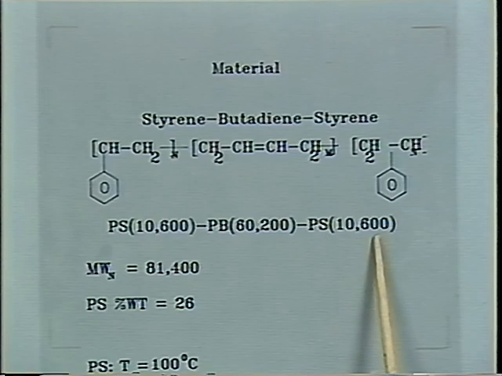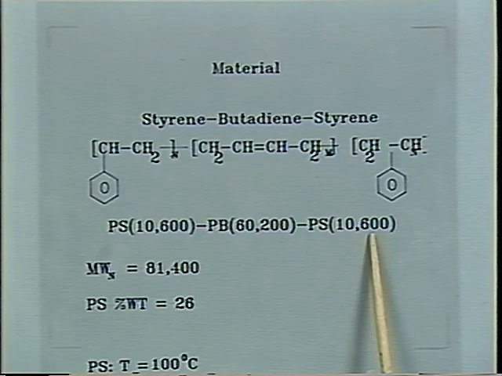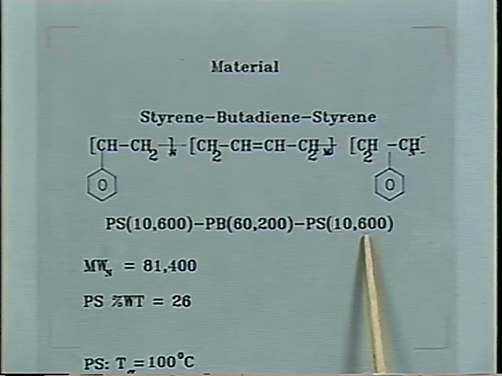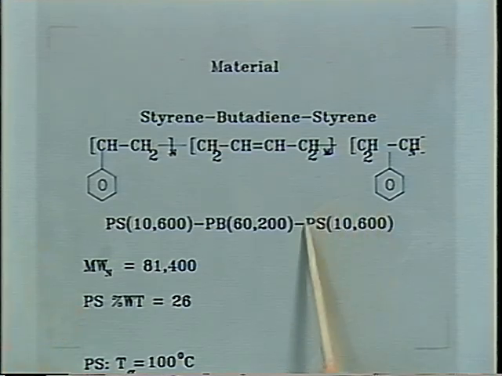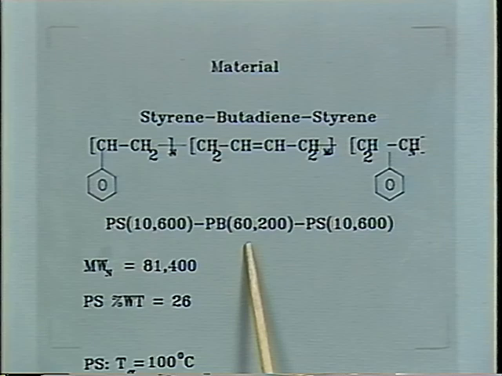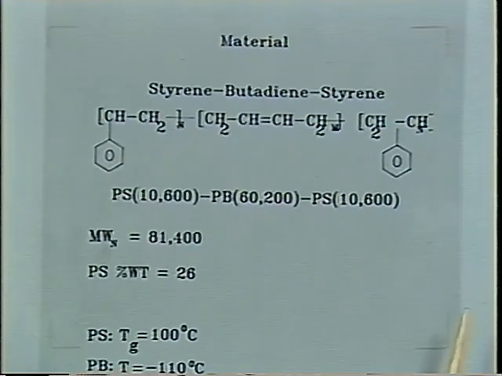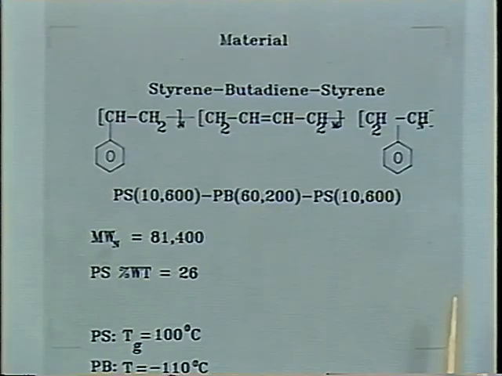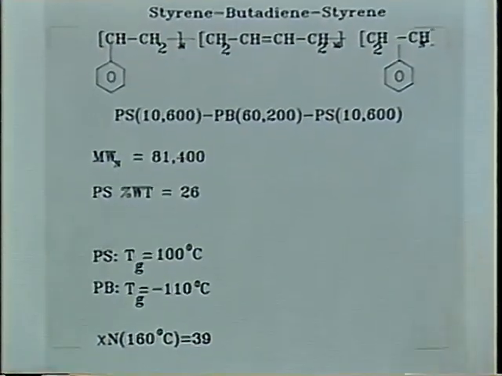The styrene blocks at the outside are of very low molecular weight. They're probably randomly coiled. They relax very quickly to everything we will do when subjecting that system to flow. They always will reorganize very, very quickly. The center block is entangled and will show very long relaxation times, and I'm sure that has a large effect on the phenomena which we are seeing.